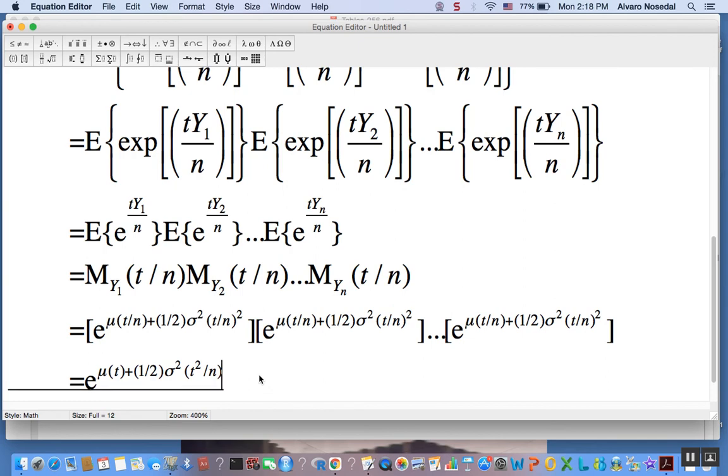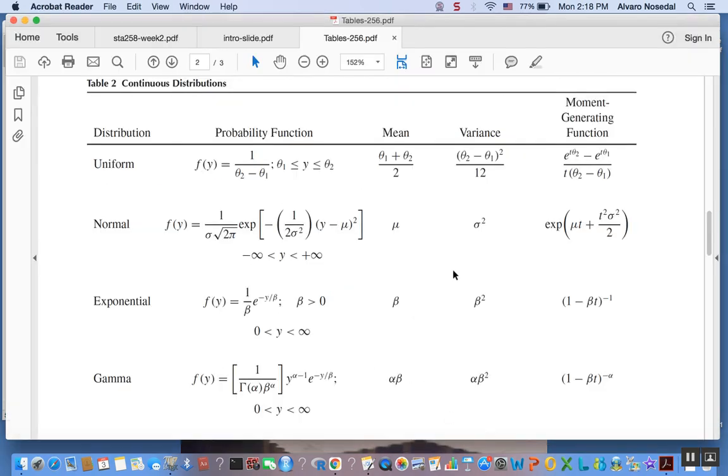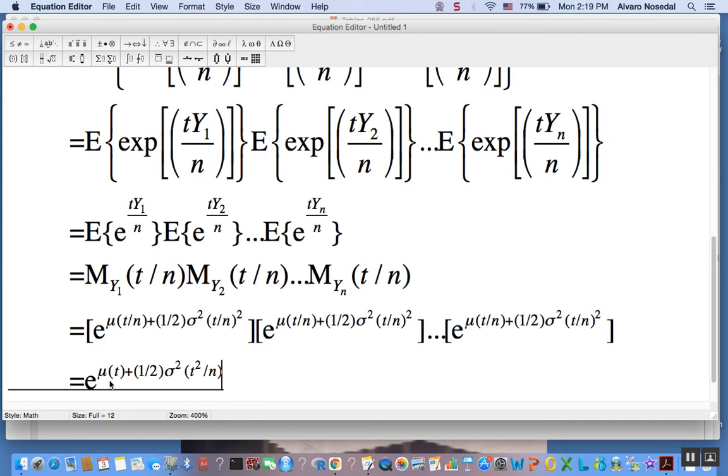Okay. Now, if we compare that with the expression that we have for a moment generating function for a normal with mean mu and variance sigma squared, what we can easily see is that the MGF we just found is the MGF of a normal with mean mu and variance.